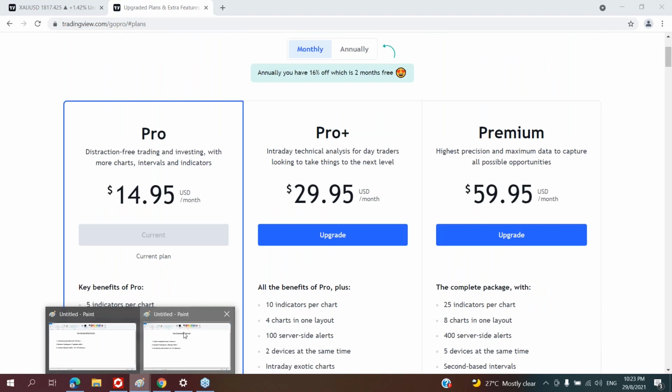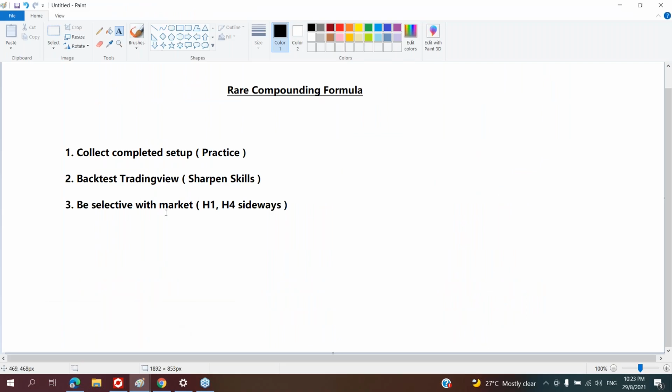And next, be selective with the market. Before I go to this, some people ask me and suggest other software or apps, but I prefer TradingView because it can switch time frames.